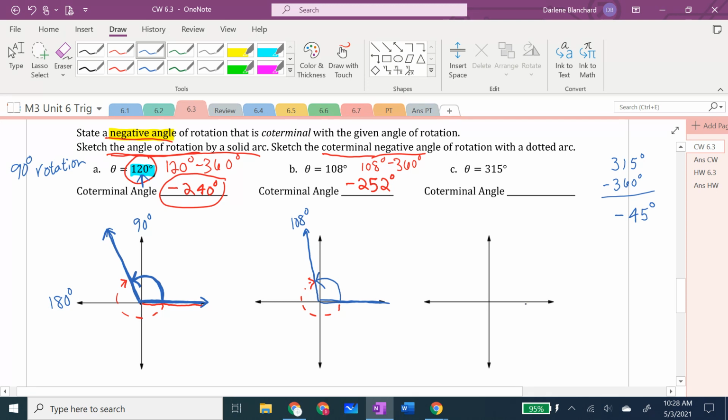If I go negative 45 degrees, then I'm going halfway down into quadrant 4. So the dashed arc right here is the negative angle of rotation. Then if I'm explaining the angle that is 315, I would start at the positive x-axis and go less than a rotation until I reach that.